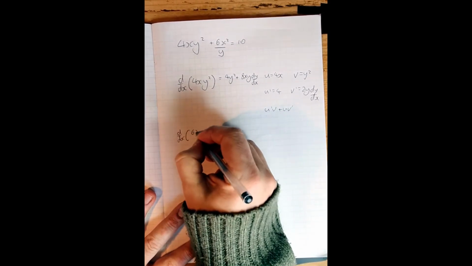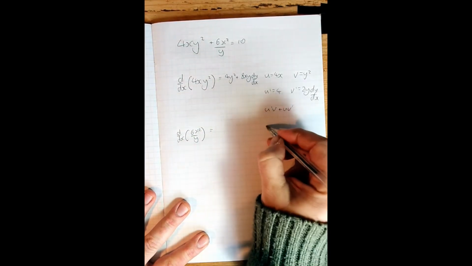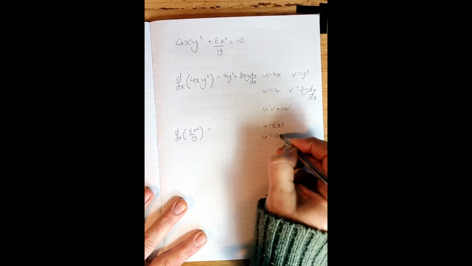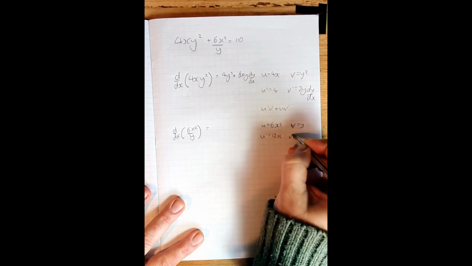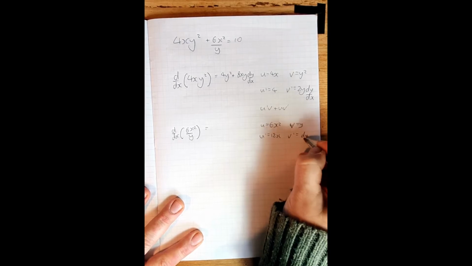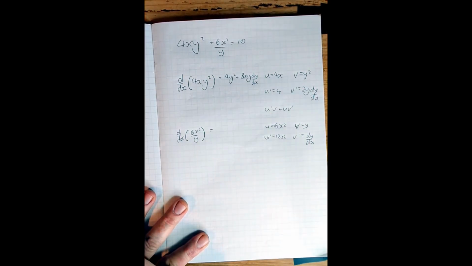And I'll use the quotient rule to differentiate the second term. Derivative of 6x squared over y. Here, remember, u is 6x squared, u dash is 12x, v is y, v dash is, well, y differentiates to 1, but remember we multiply by dy dx, because dash really just means differentiate with respect to x.